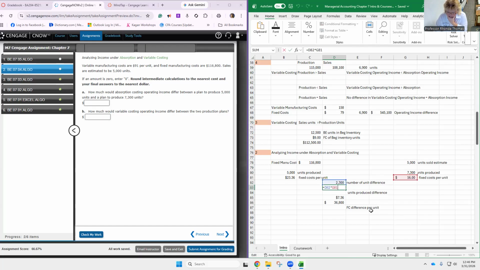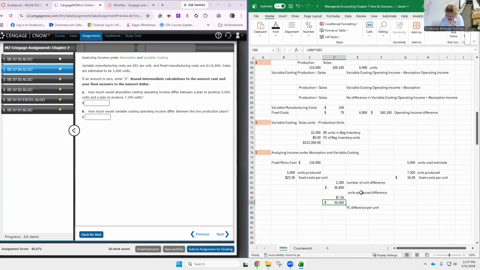And then we want to take 2,300 times this amount of fixed cost, 16, for 36,800. Or you can take the difference in the fixed cost per unit: 5,000 goes into 116,800, 23.36 times, and this one goes into, if you did the math here, you're going to actually subtract the difference in the fixed cost per unit.